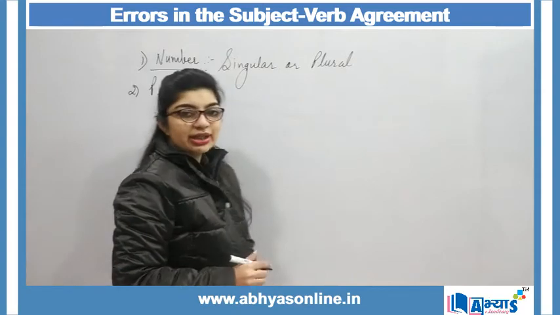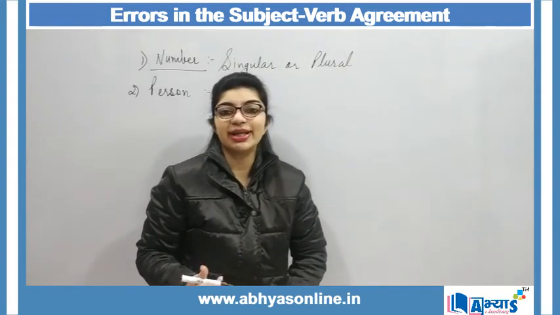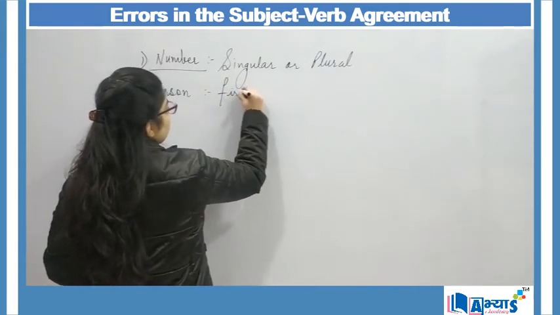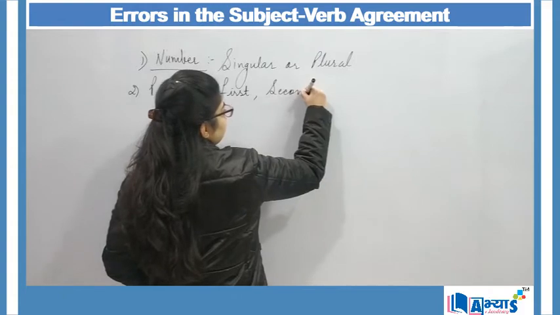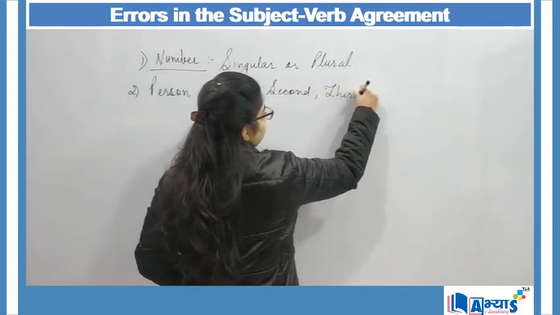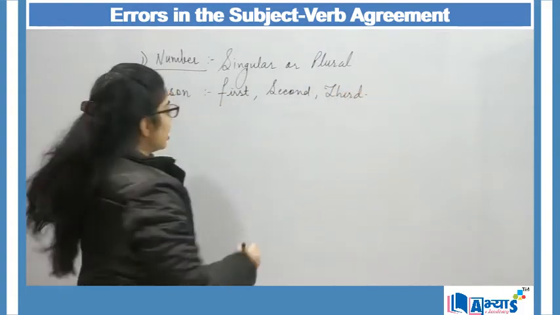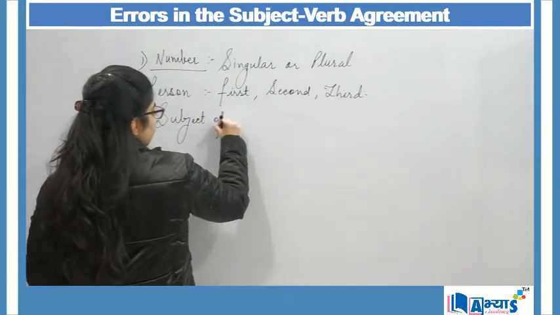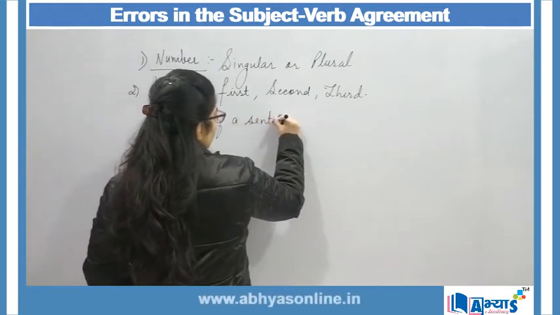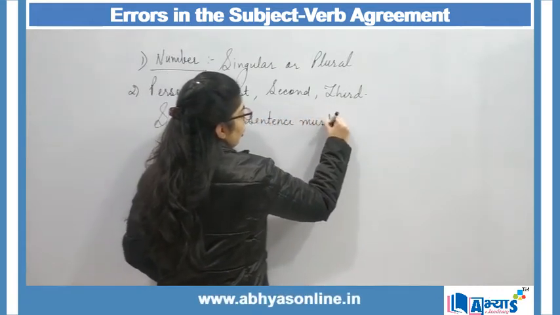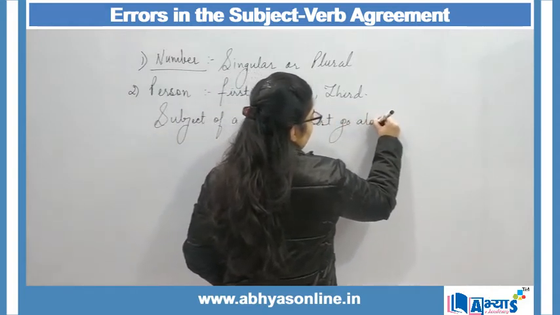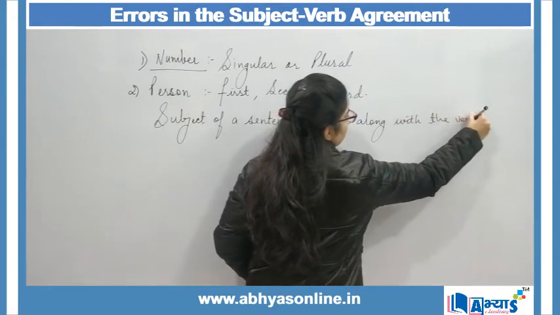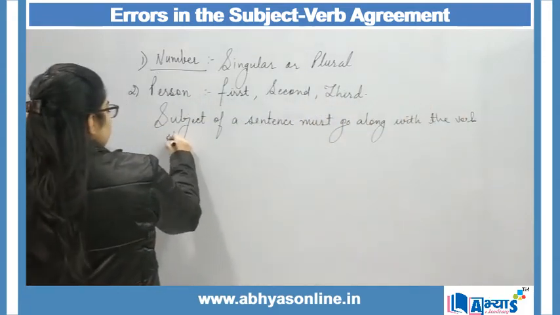Now we know that in English there are three persons: the first person, second person and third person. So with person it is first person, second person and third person. And the rule is that the subject of a sentence must go along with the verb of the sentence.